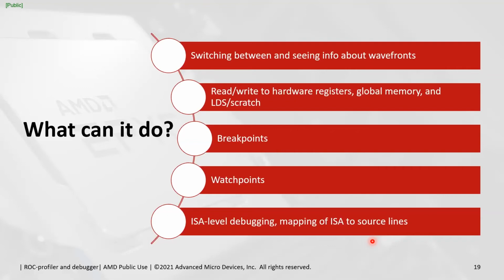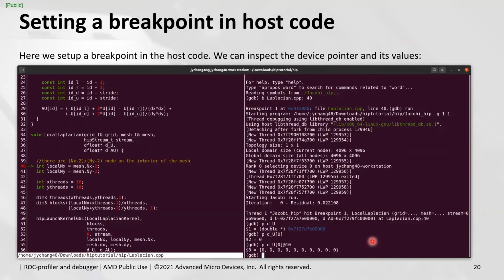You can even do ISA level debugging, so you can dive into the assembly code and map ISA to the source lines, and see, as you are stepping through the code, how different registers and different things are being initialized and populated. So let's see a few of those in more detail.